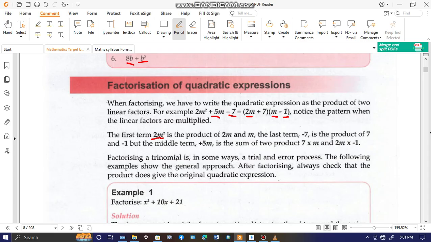Factorizing a trinomial is in some ways a trial and error process. Let us look at the following examples to show the general approach. After factorizing, always check that the product does give the original quadratic expression. If you are trying to factorize a quadratic expression using this generic method, you'll find that you'll be doing a lot of trial and error.